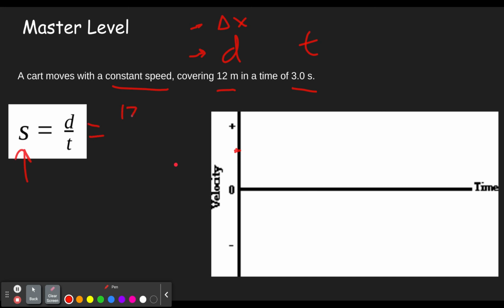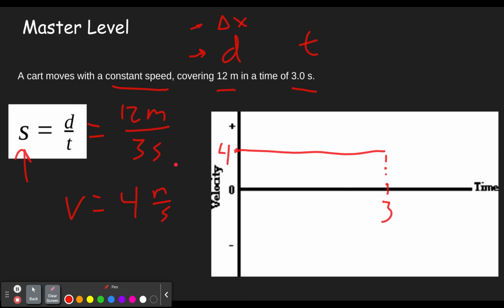The distance was 12 meters, the time was 3 seconds, and the velocity or speed is 4 meters per second. So we put that 4 there, and a line straight across to 3 seconds, because that's going to happen for 3 seconds. And that's what your graph will look like.